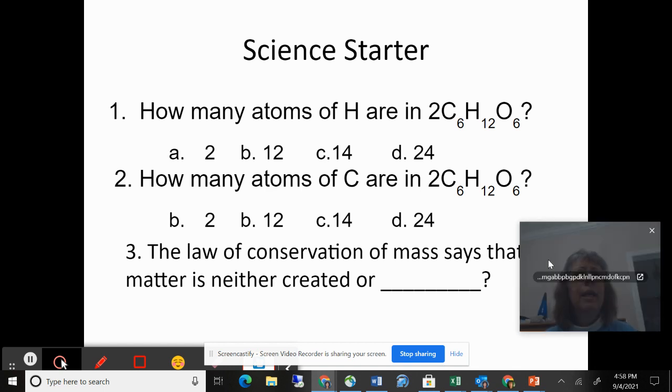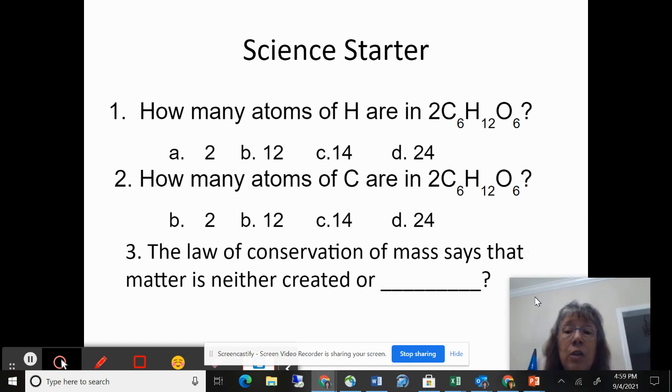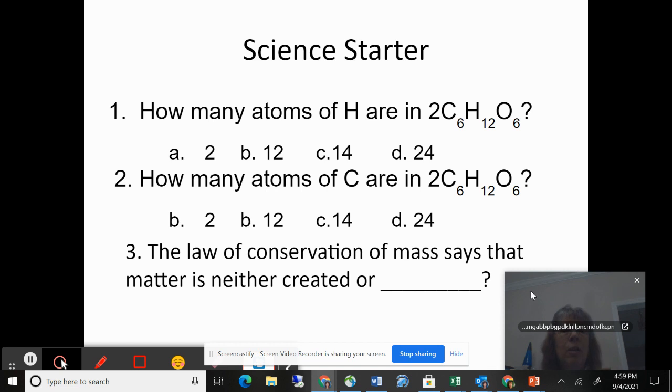Number 2, how many atoms of carbon are in 2C6H12O6? A) 2, B) 12, C) 14, D) 24. And the third question, the law of conservation of mass says that matter is neither created or... Okay, take a couple seconds to answer each of those questions.